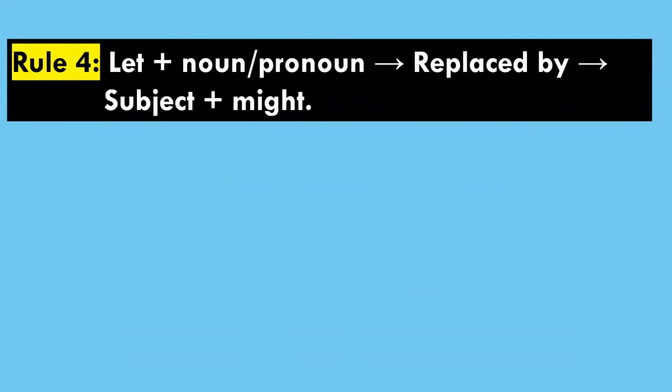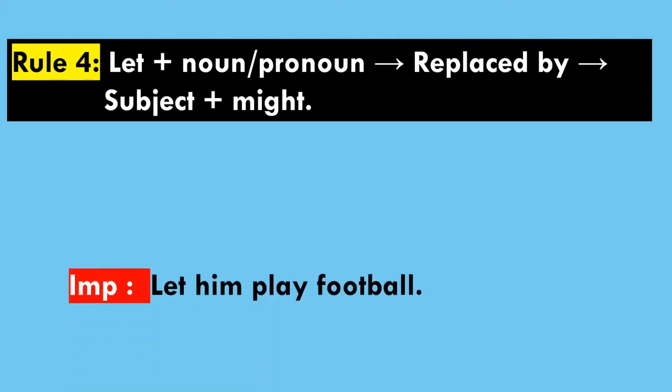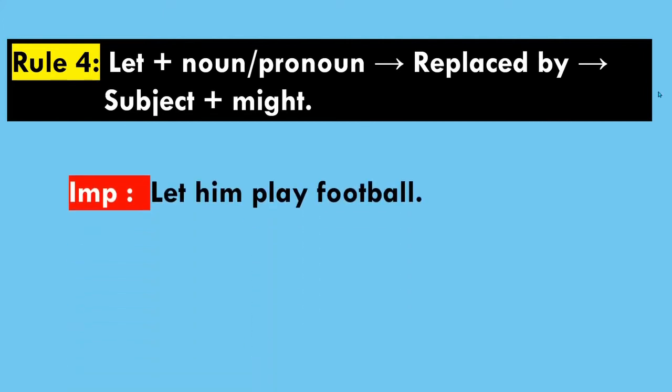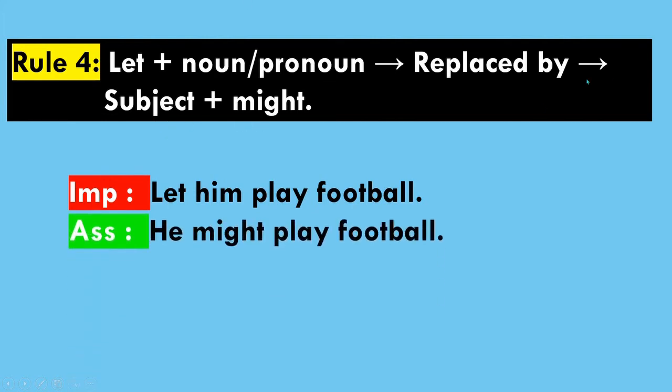Rule number 4: "let" plus noun or pronoun. If you find this kind of pattern in the beginning of the sentence, it should be replaced with subject plus "might". For example, "Let him play football." Here after "let", either a noun or pronoun should be used. Here a pronoun is used. So we will replace it with subject and "might", and the subject will be "he", because "him" is given here.